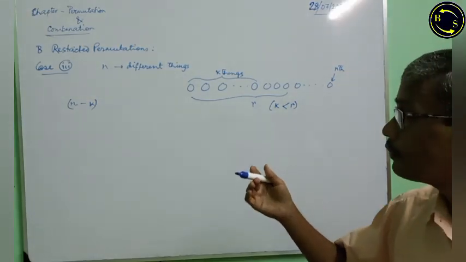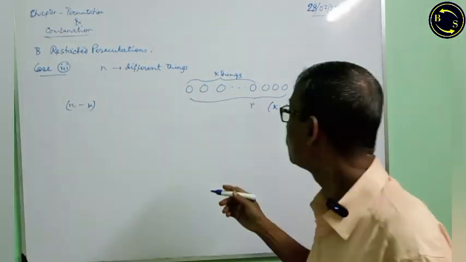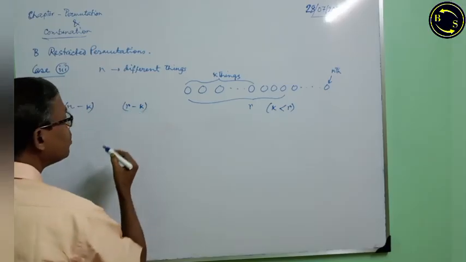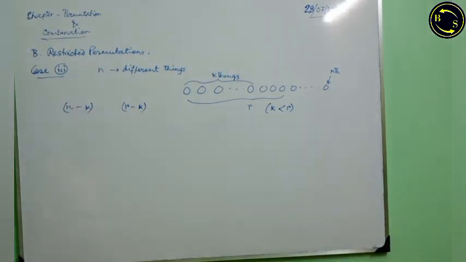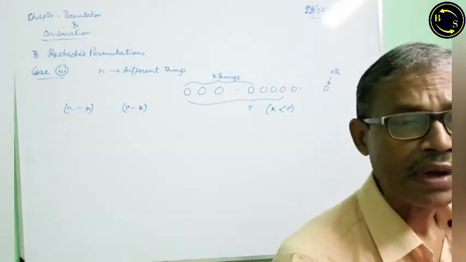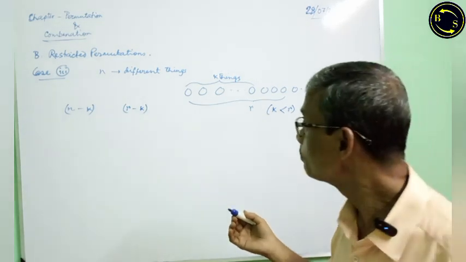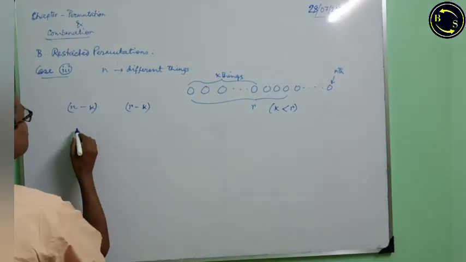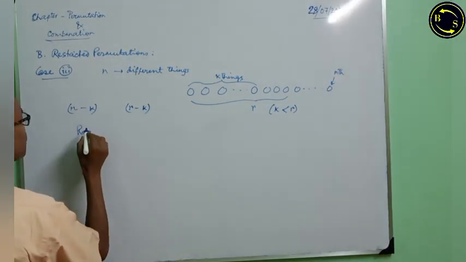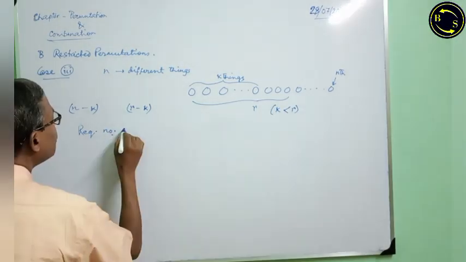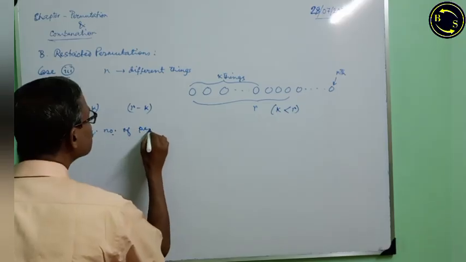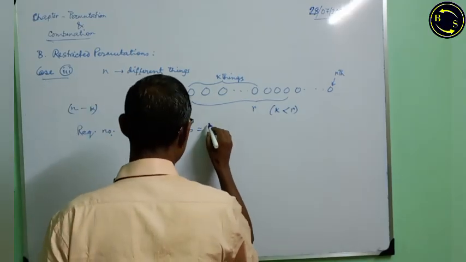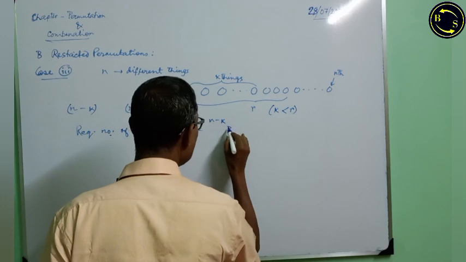Therefore, out of the remaining n minus k things, we have to take r minus k things, and the required number of arrangements, taking r minus k things out of n minus k things, is n minus k P r minus k.